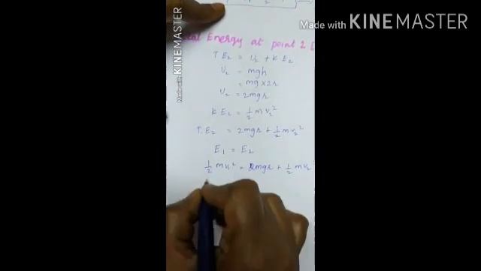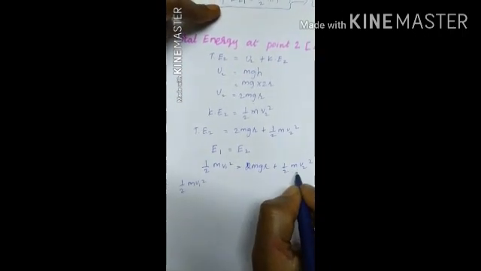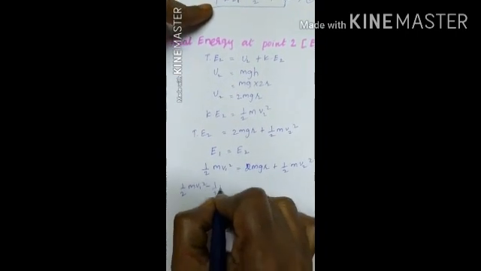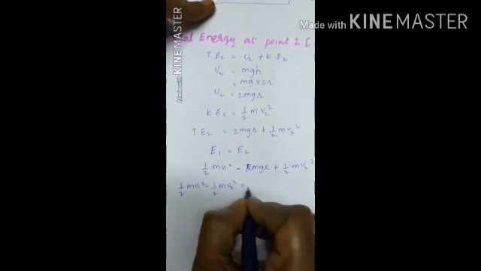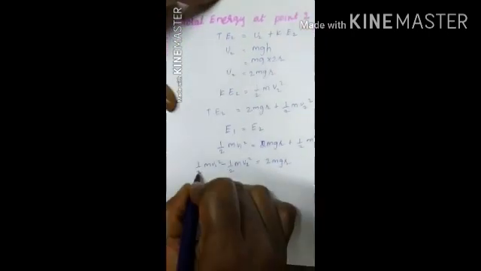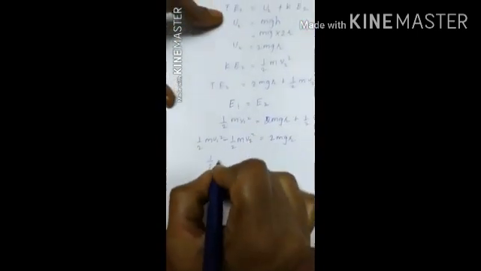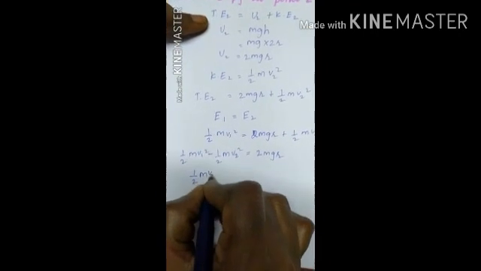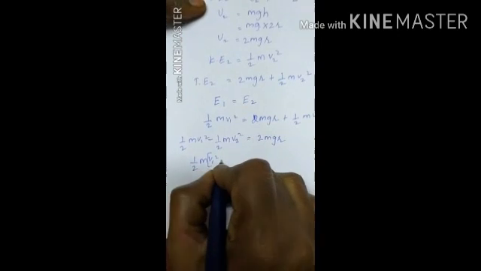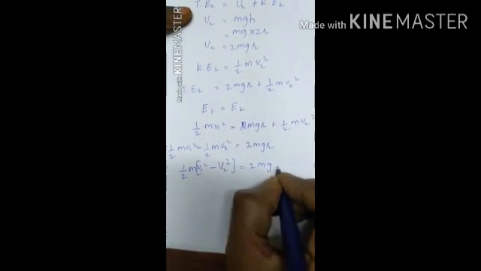Now rearrange the terms. 1 by 2 m v1 squared, this plus half m v2 squared comes to the left side, which means minus 1 by 2 m v2 squared, is equal to 2mgr. Here we can take the common terms 1 by 2 m. So 1 by 2 m times v1 squared minus v2 squared is equal to 2mgr.